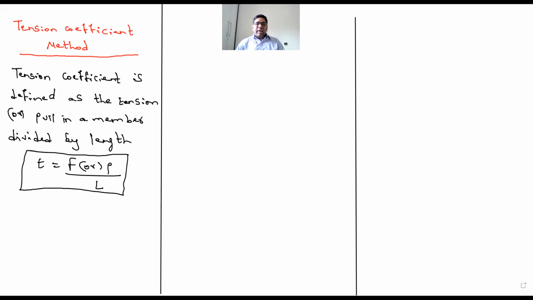Every time we try to calculate the unknown forces in the members, we need to consider the tension coefficient, which is defined by how much tension the member is being pulled with and what is the length of the member.